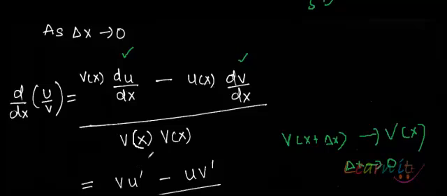So this is v(x) multiplied by v(x), so you get v squared.